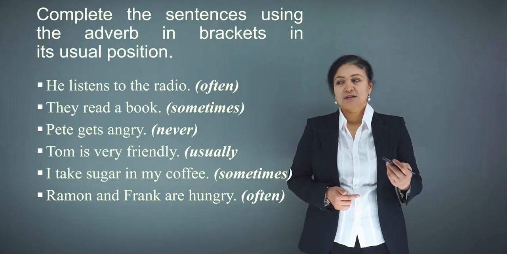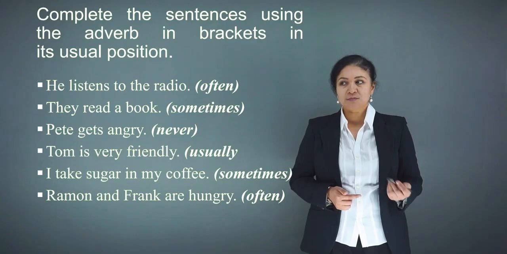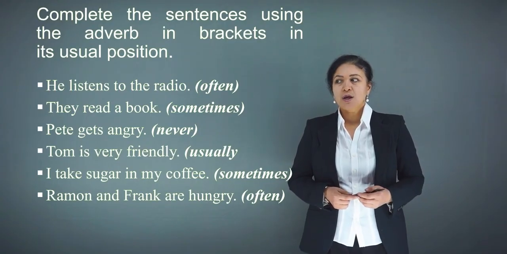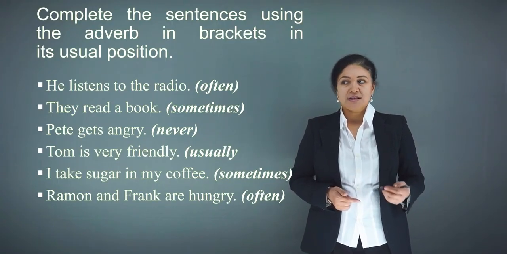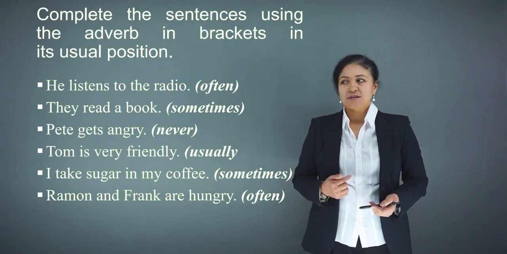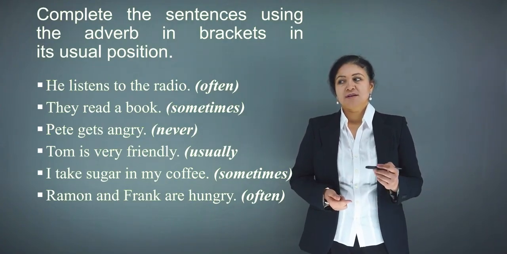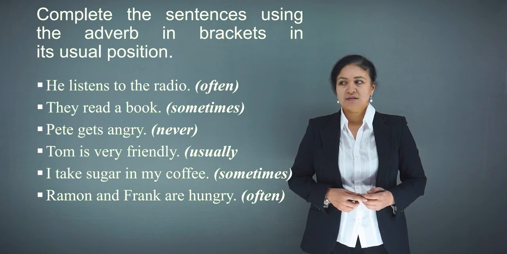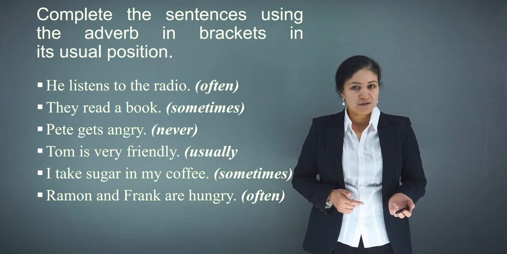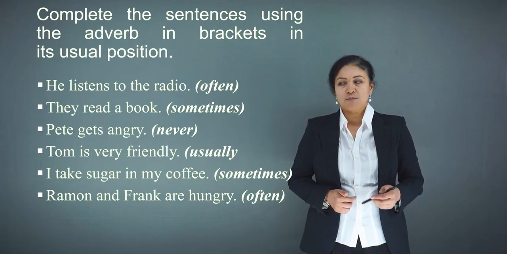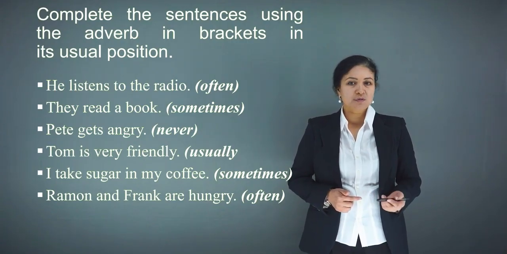Before the verb read, we use sometimes. Next. Pete never gets angry. After the subject and before the verb. Next. Tom is usually very friendly. There is a verb to be. After the to be, we use usually.